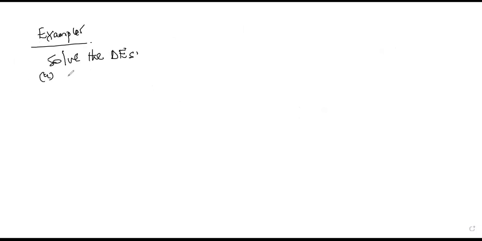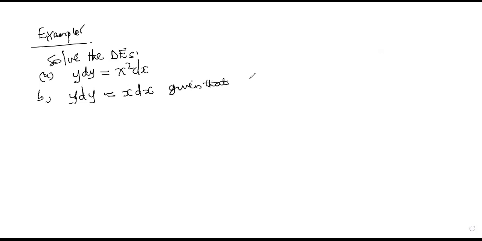One, we have y dy is equal to x squared dx. Two, we have y dy is equal to x dx, given that y is equal to 1 when x is equal to 0.